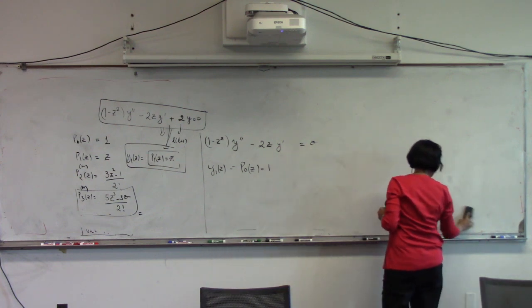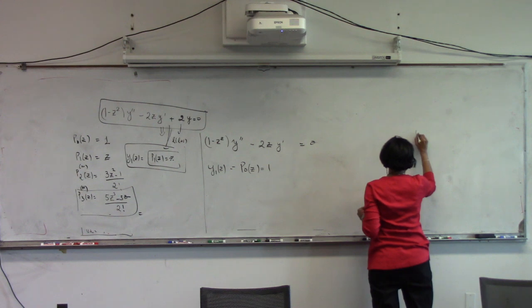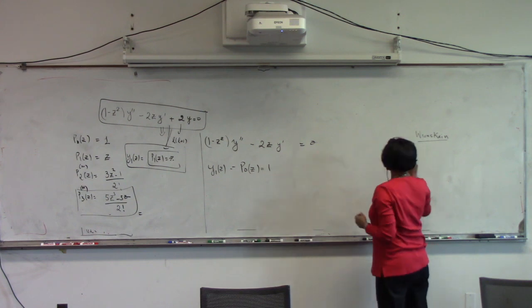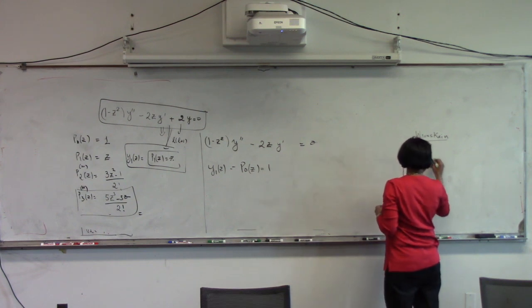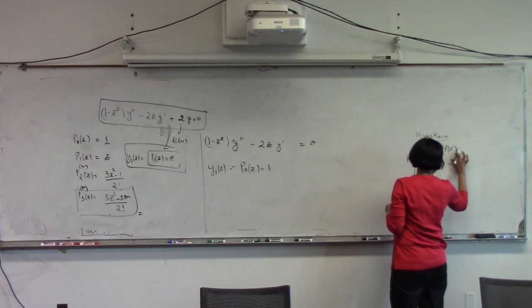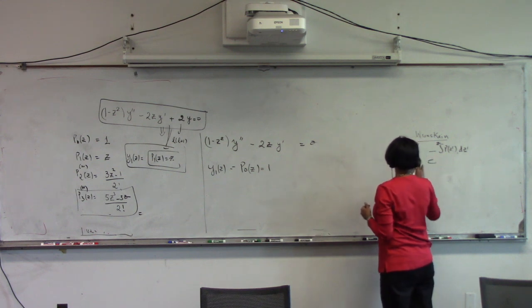All right, so what is W here? What is the Wronskian? What is P?